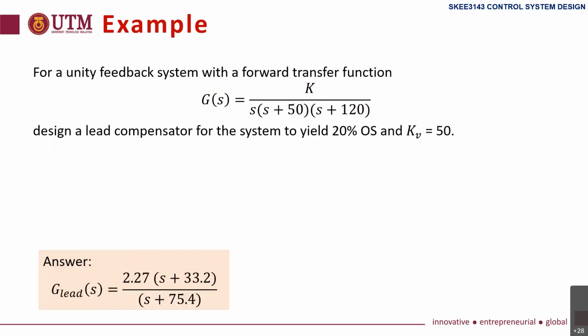This is one example taken from the textbook. You can try to design it. You can use MATLAB to help, because with MATLAB you can plot and read the data, so you can design easily.